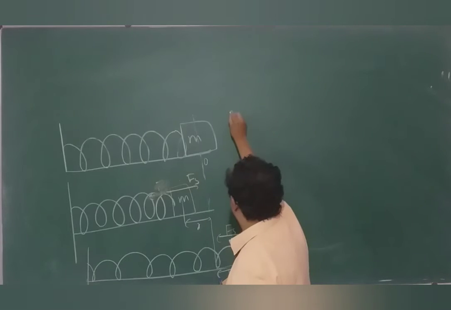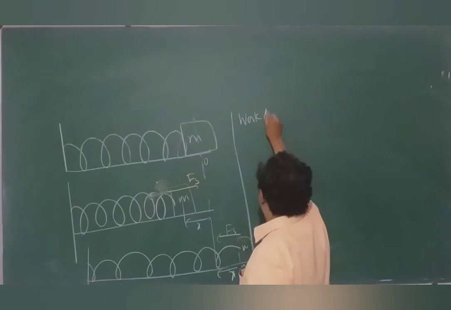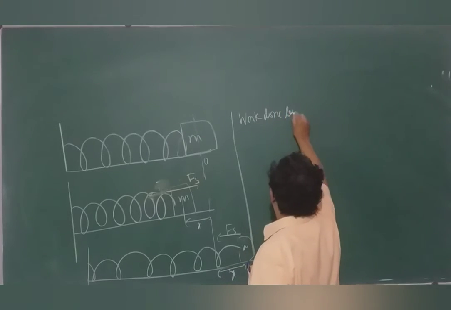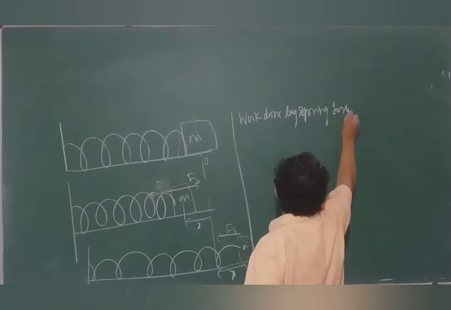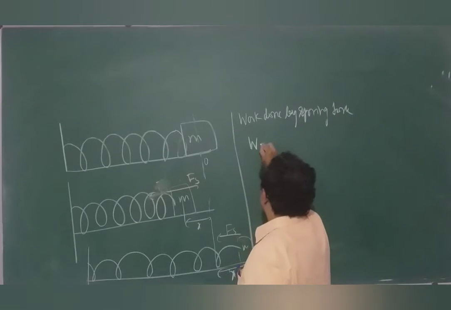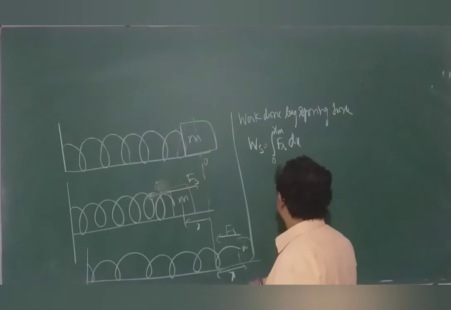Now we write down the work done by the spring force. Ws equals the integral of Fs dx from 0 to xm, where maximum compression or expansion is denoted by xm.